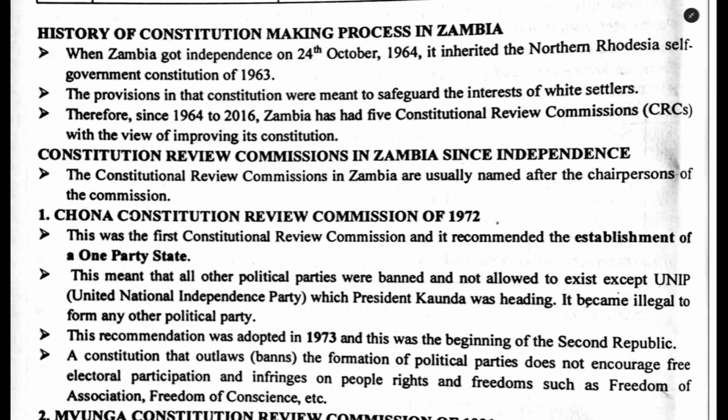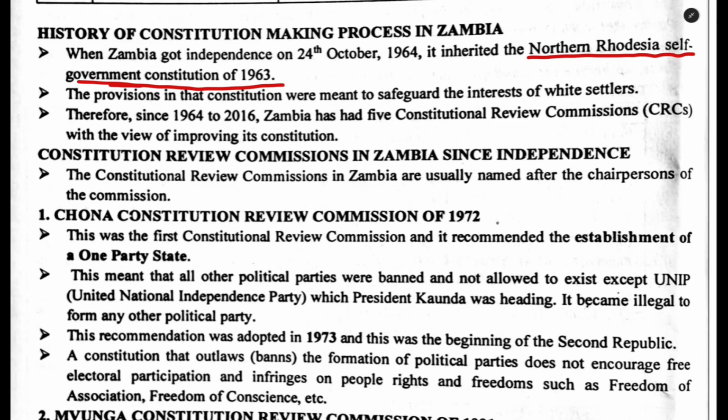One of the questions that we expect is what is the name of the constitution that Zambia inherited at independence? It was called the Northern Rhodesia Self-Government Constitution. And it was called so because it was meant to favor the white settlers.